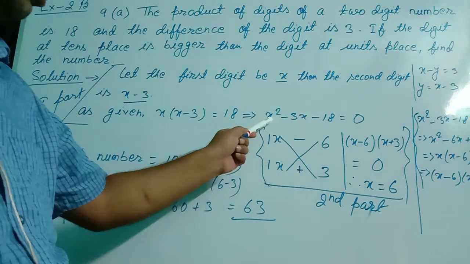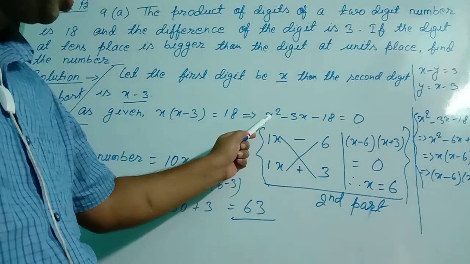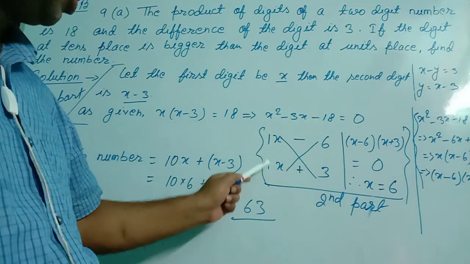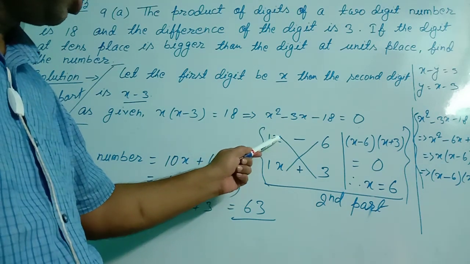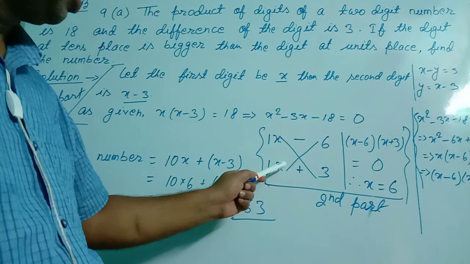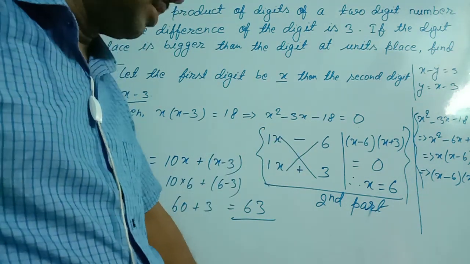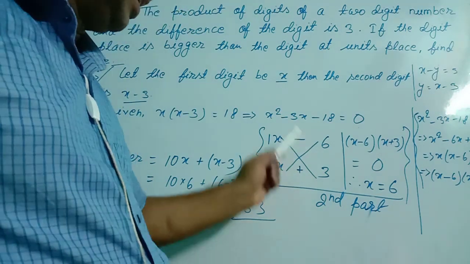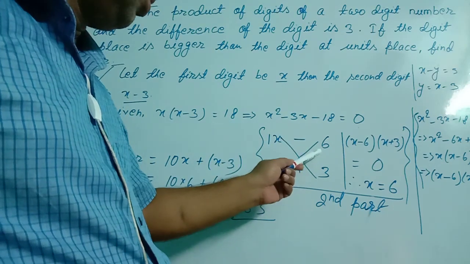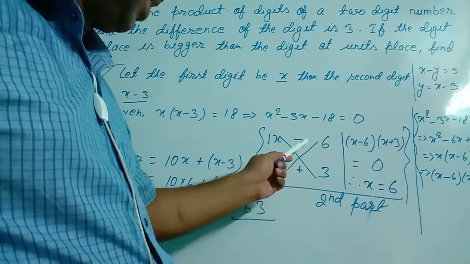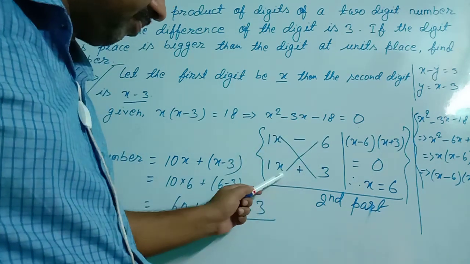Again I repeat, this is the quadratic equation. First of all, I wrote the coefficient of x square twice. One is the coefficient of x square. I wrote this with x twice. Then I split this 18 such that the addition or subtraction of those two split numbers should be -3. So 6 threes are 18, and if you subtract, I split this, then I did cross multiplication.